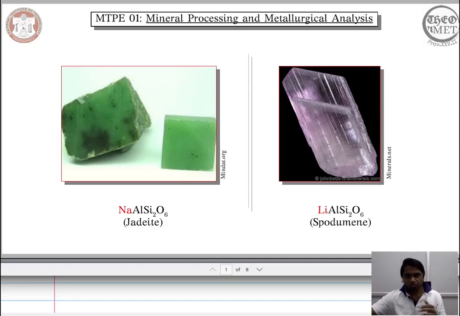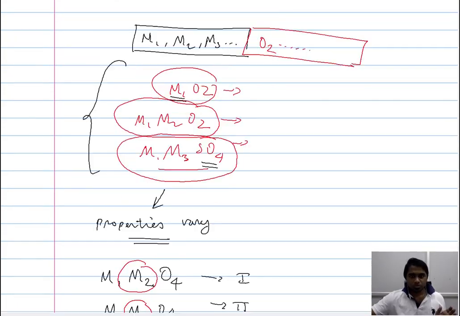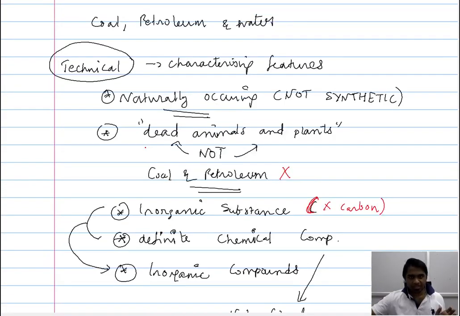Now let us go back to collectively discussing the other distinguishing features of the minerals. So far what we have seen is minerals are naturally occurring substances present on the surface of the earth or earth crust. They do not include any product that comes from dead animals or plants, be it a few years before or millions of years before.